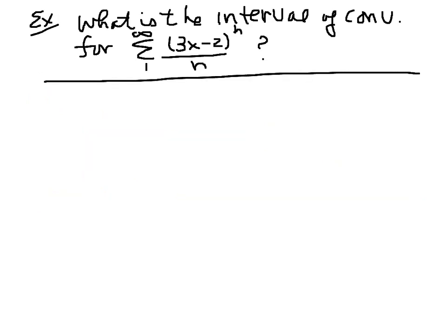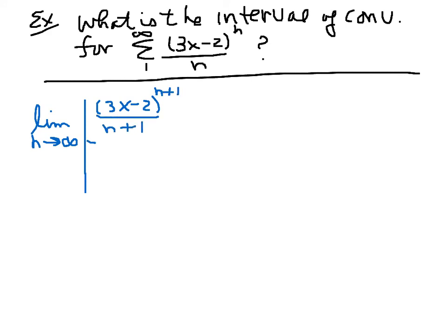Okay, so let's look at another example. Here we have another Taylor series, and we're asking to figure out what is the interval of convergence. We begin as we always have by saying, what's the limit as n approaches infinity of (3x minus 2) to the n plus 1 over n plus 1, all over (3x minus 2) to the n over n.